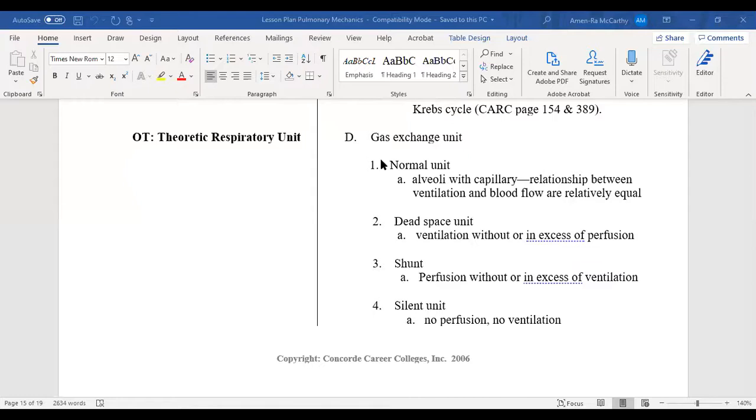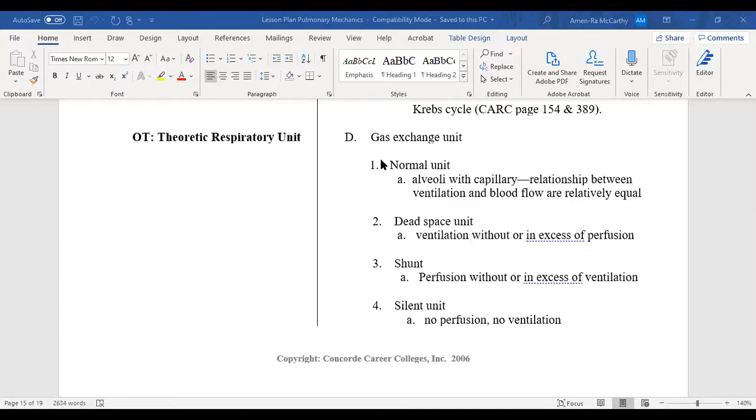The VQ is the ventilation to perfusion ratio, right? We should have about 4 liters per minute alveolar minute ventilation to 5 liters per minute of cardiac output. That's about normal. But when we have not normal, we have a VQ mismatch. Something's going on, and that can tell us what may be going on in the alveoli.